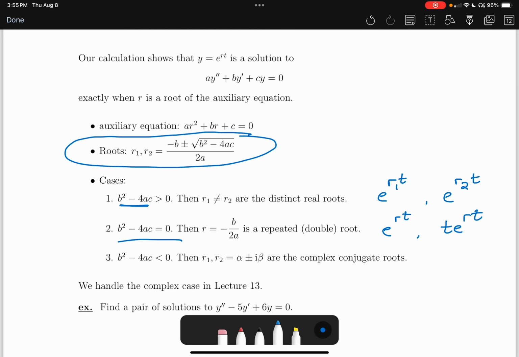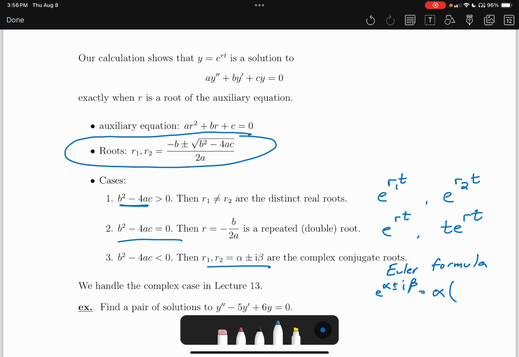And finally, we have the complex case. I'll look at this in another video a little bit more closely, but the idea is we're going to use Euler's formula to rewrite e to the alpha plus or minus i beta into cosine beta t plus i sine beta t.